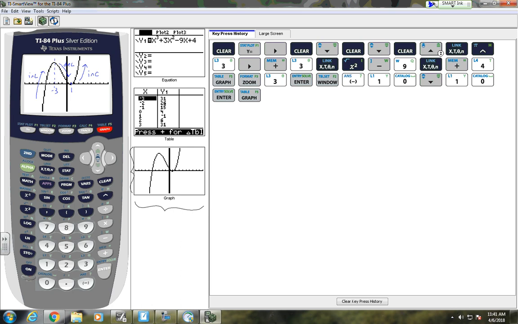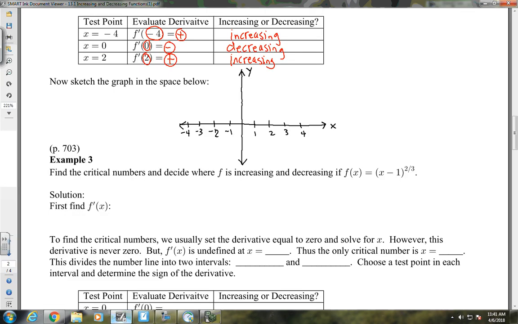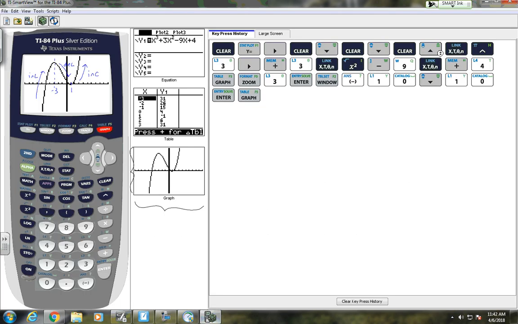So on our notes, we will simply sketch this graph. Remember, on our viewing window, we went all the way up to 40. So to make this fit, we can use a scale of 10 on our y-axis. And let me take a peek again here.